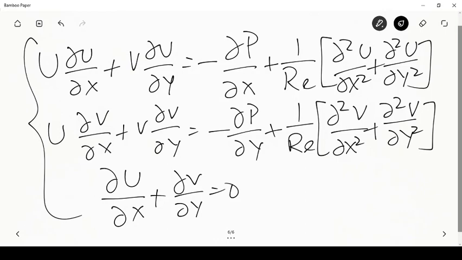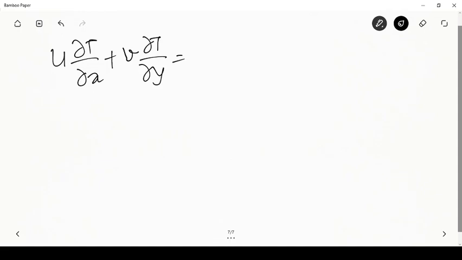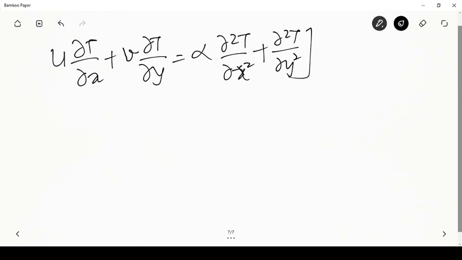Now if I try to do similar non-dimensionalization also to the energy equation and the species equation, I'll get u del T by del x plus v del T by del y is equal to alpha times del squared T by del x squared plus del squared T by del y squared plus, let's say, q dot triple prime generation.